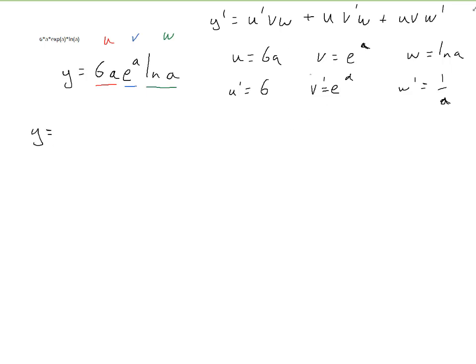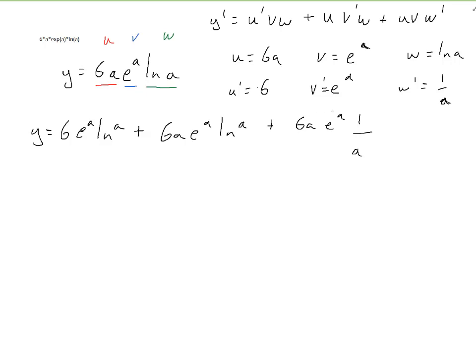So first I just differentiate this one, so it's 6 times these left alone, so e to the a log a, so it's this times this times this, plus, and then this one I leave alone, 6a times this one, e to the a, times this one again, so that's this one being differentiated, and then the last one is these remain unchanged, and this one we take the derivative.